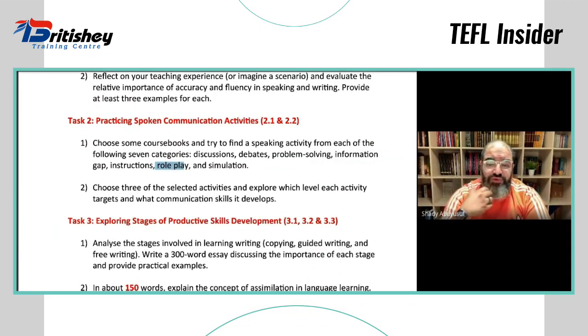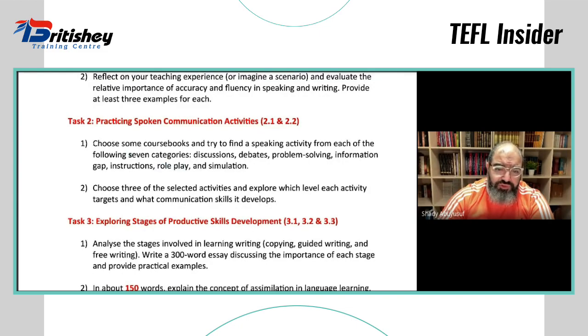Let me take you back to the assignment here. So what you need to do now is go to a course book, because it says here, choose some course books. So it can be one, it can be more. And you need to find an example of a discussion, an example of a debate, an example of problem solving, and it goes on.